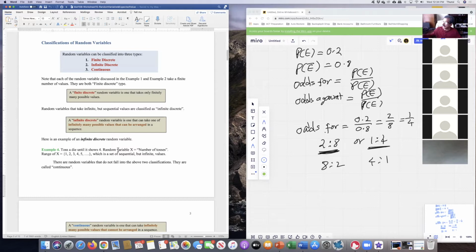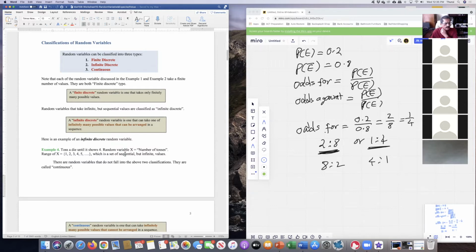Even though they're infinitely many, you can tell it's like a series, 2, 4, 6, 8, dot, dot, dot. It goes on infinitely, but there's a pattern, so I can write it down. So infinite discrete means an infinite number of values for the random variable, but you're able to write them in an order.